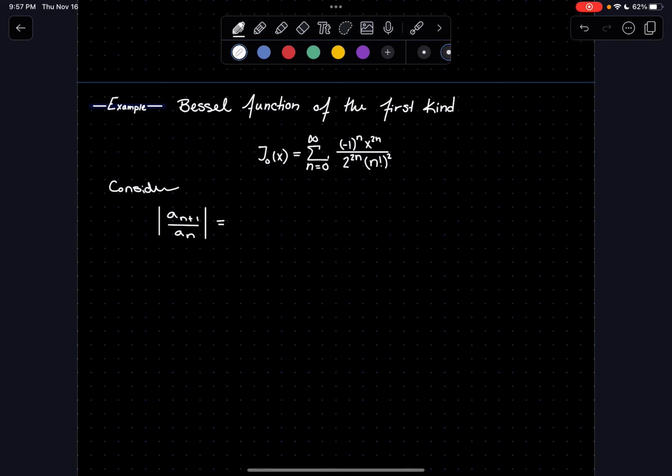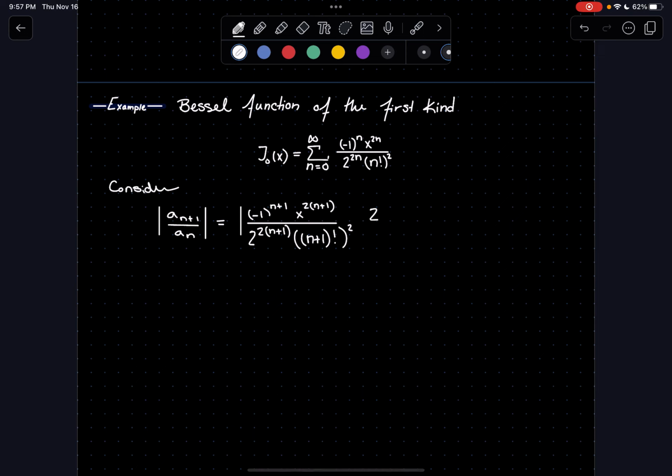So this is going to be equal to, slap an absolute value, we do (-1)^(n+1) x^(2(n+1)) over 2^(2(n+1)) times (n+1) factorial squared, times the reciprocal, right?